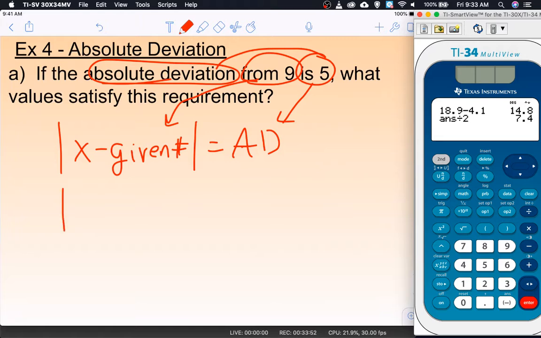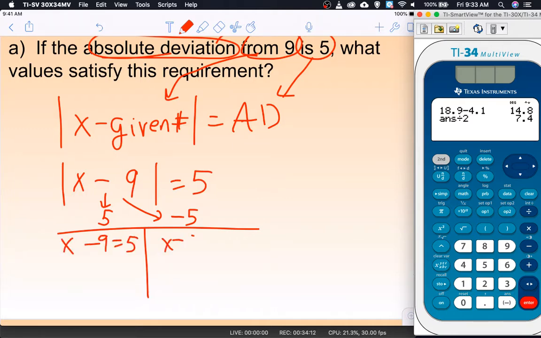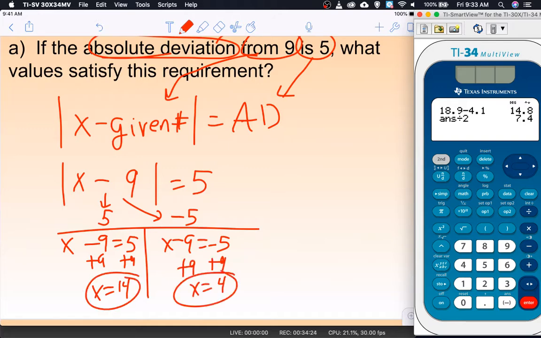If I plug in the values, we can then solve that little equation. I want the stuff inside to be a positive 5 and a negative 5. And we solve. Adding 9 on both sides, x equals 14. Adding 9 on both sides, x equals 4.